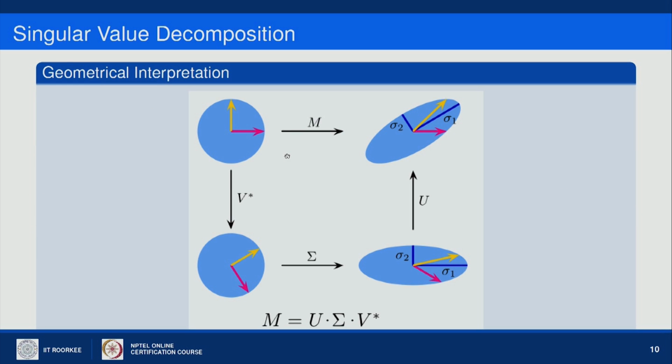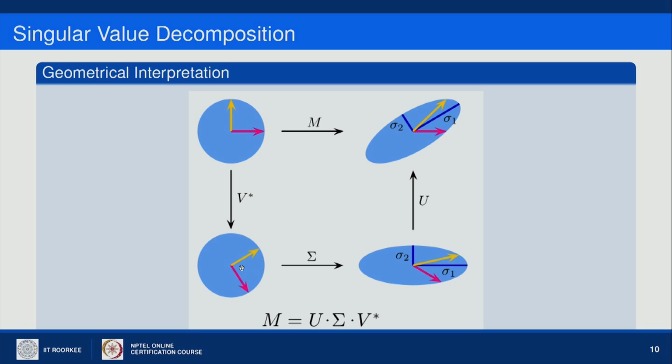Geometrically, I have a circle which is transformed to an ellipse by a transformation M, which is a matrix. In terms of singular value decomposition, first I apply V star, that is V transpose. It will rotate and the orientation will change, because it is an orthogonal matrix, hence a rotation matrix.